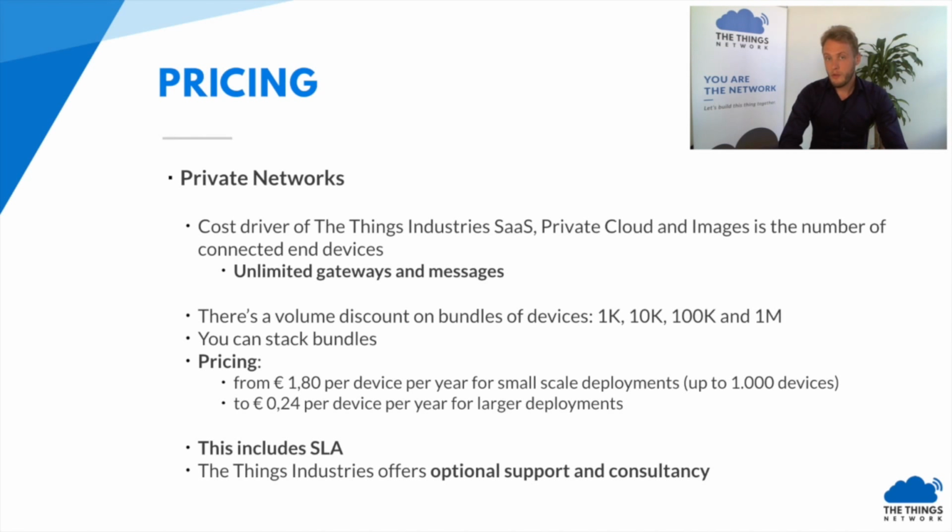You can stack these bundles to match the number of devices of your deployment. The pricing goes from €1.80 per device per year for small scale deployments up to 1,000 devices, down to 24 cents per device per year for large scale deployments. This includes a service level agreement.